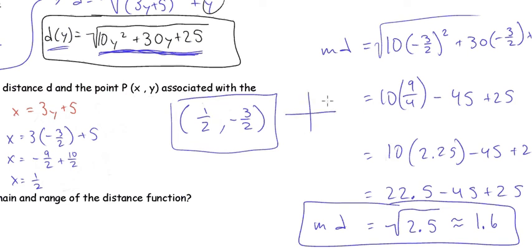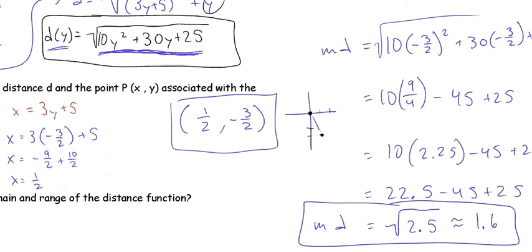Here's our rough graph, just showing what's going on again. There's the origin, and then at 1/2 and negative 3/2, so 1.5, right there is our minimum distance. And that's showing the distance there. Now the line itself, x equals 3y plus 5.